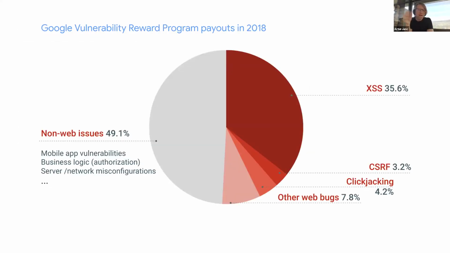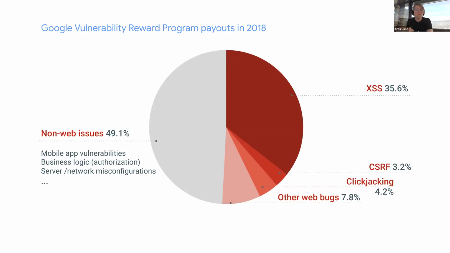So if you look at the data, this is fairly old data, which I know is not great, but just to illustrate the principle. A few years ago, we looked at I think it was thousands of vulnerabilities that we received via our vulnerability reward program. And there were obviously many vulnerabilities that were not web platform bugs. Those were web application bugs often. So servers being vulnerable to logic issues, mobile apps, and so on.